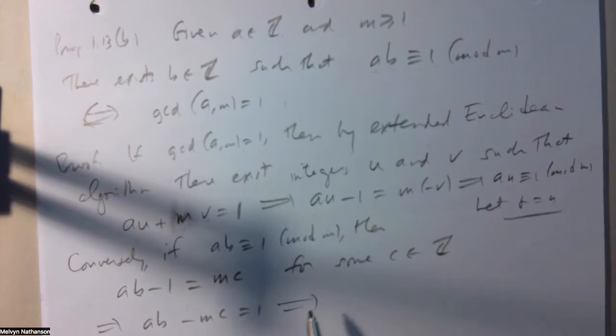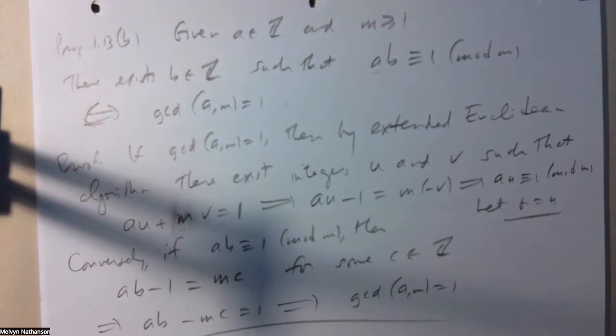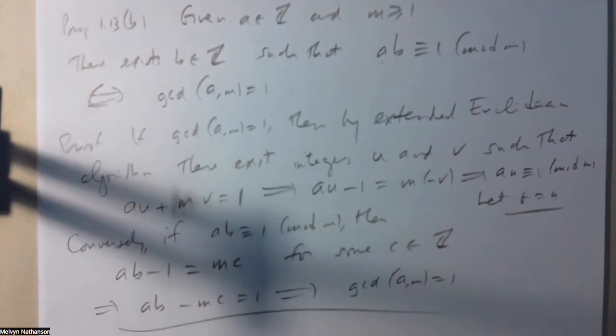And the only way this is possible is if the greatest common divisor of A and M is 1. So just any number that divides A and M would have to divide 1, so the only positive common divisor of A and M is 1.